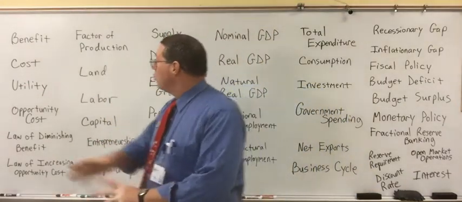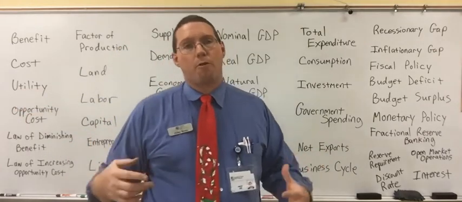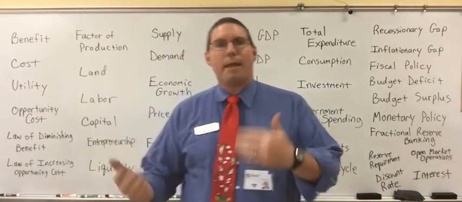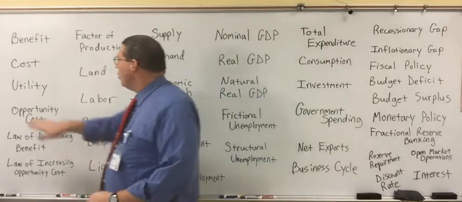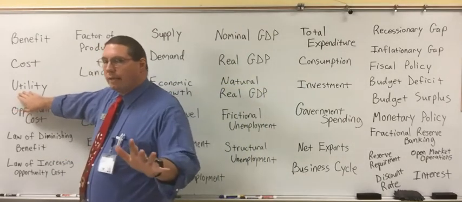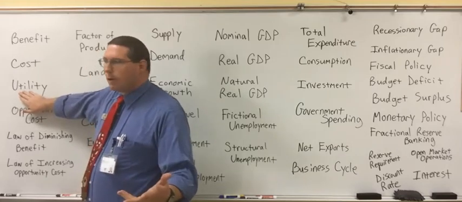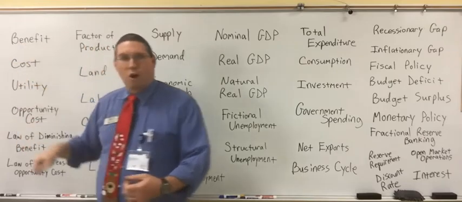Now, utility is the overall satisfaction that a person experiences when they enact a decision, when they make a decision, or when they consume something. So the amount of utility that a person experiences is basically the benefits minus the costs.